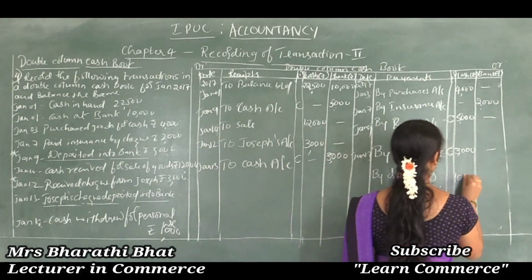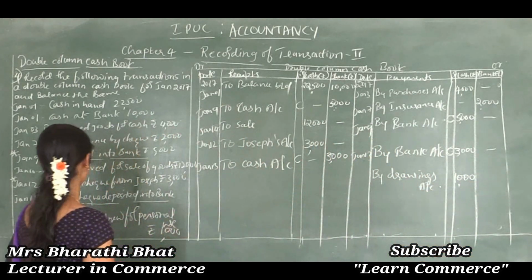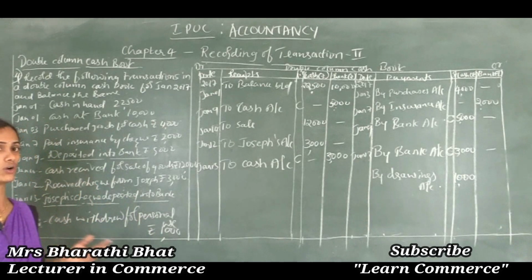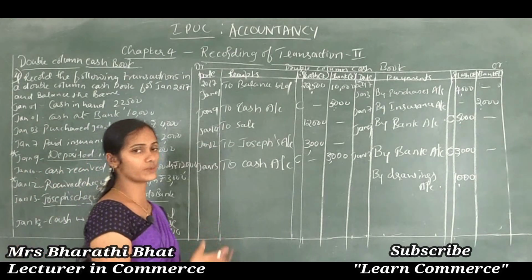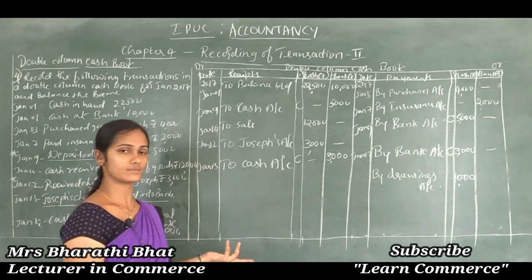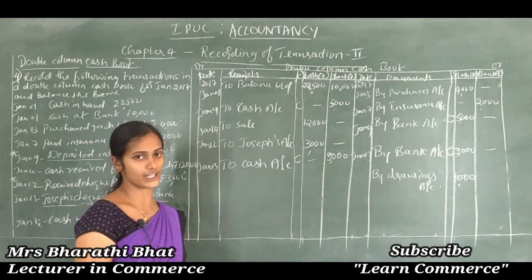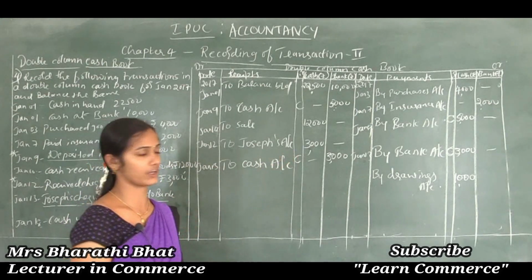Suppose it was withdrawn from the bank, then the bank column. Here it is just cash withdrawn for personal use, so you can assume that cash was withdrawn from the office for personal use. If you withdraw 1,000 from the office drawer for personal use, it affects cash; if cash is withdrawn from the bank, then it affects the bank column.